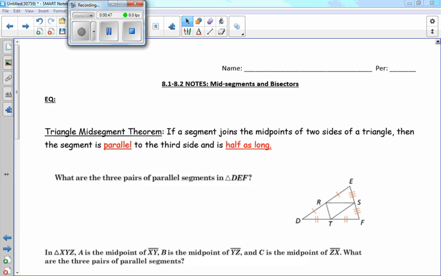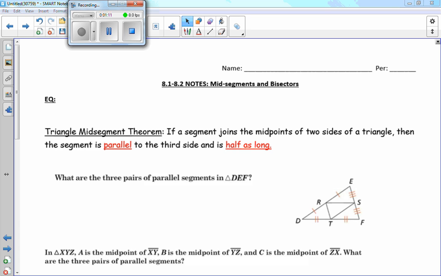When you connect midpoints, you get a mid-segment. Once again, what was the relationship from this mid-segment to the base of the triangle? We've answered this twice already. This should be the third time. It's half the length. That's the mid-segment theorem.